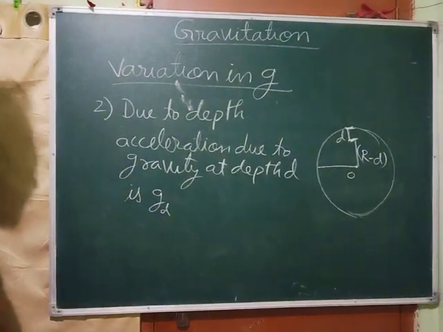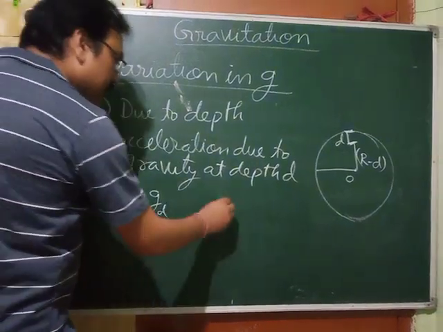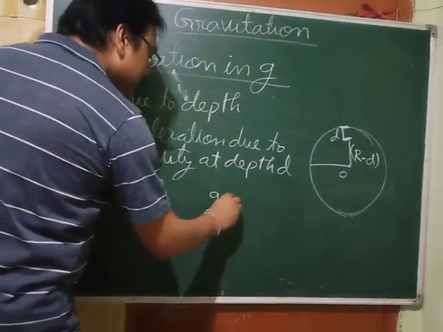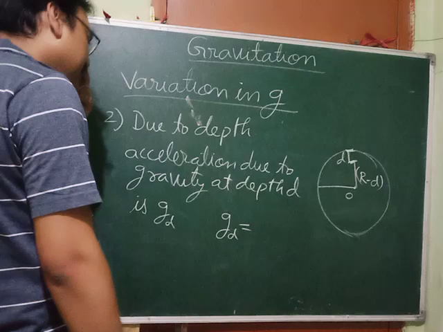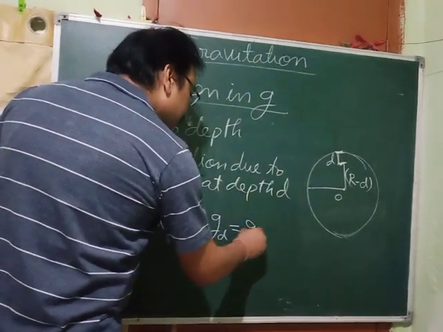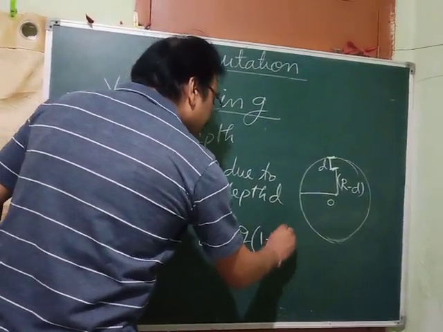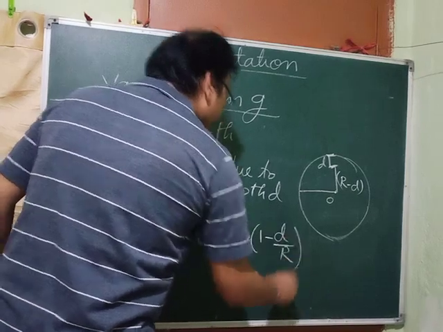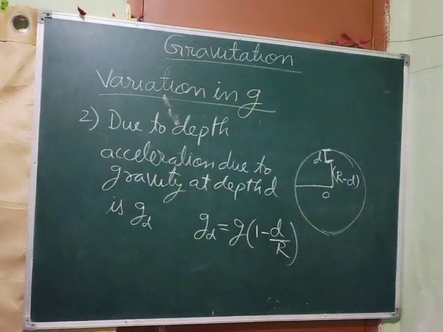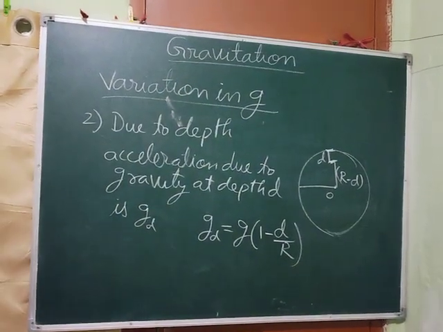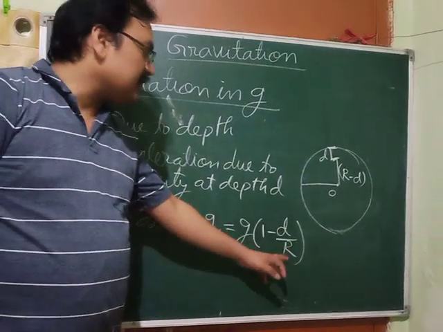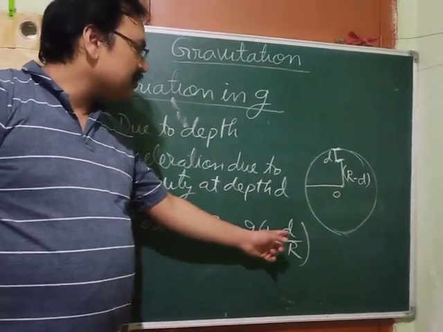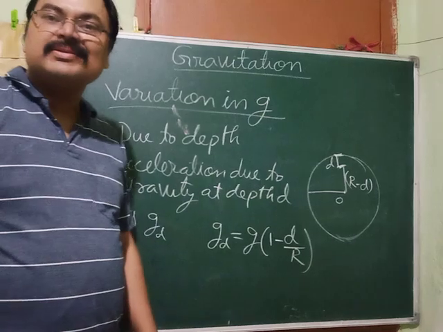So we can write gd is equal to g into 1 minus d by r. This is the expression we get in class 11th. So d is the depth, r is the radius of the earth. This depth will always be less than the radius.